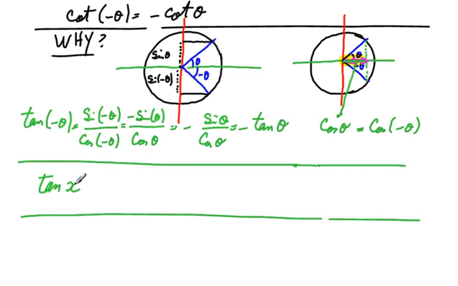I don't see any name given to it, but what I just used, tangent of any angle is a ratio of sine over cosine.